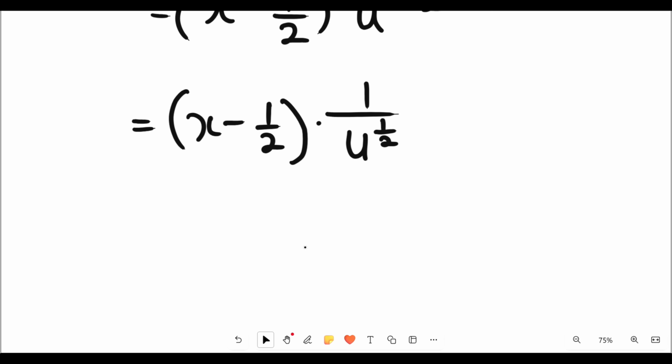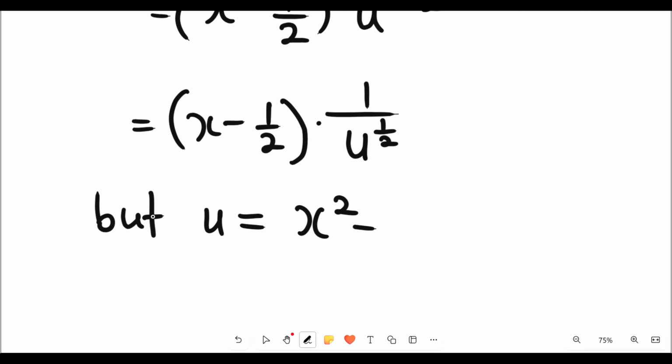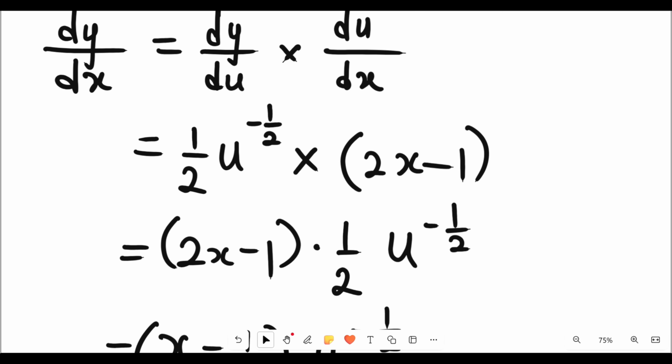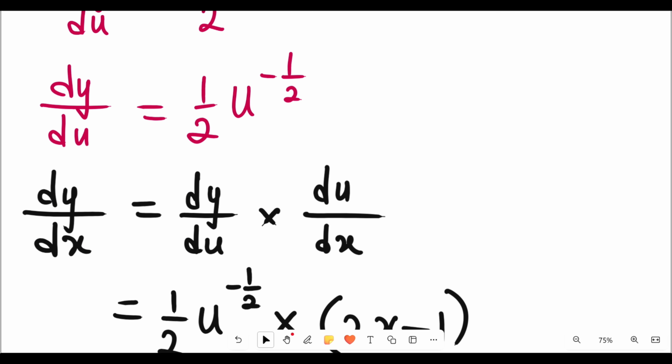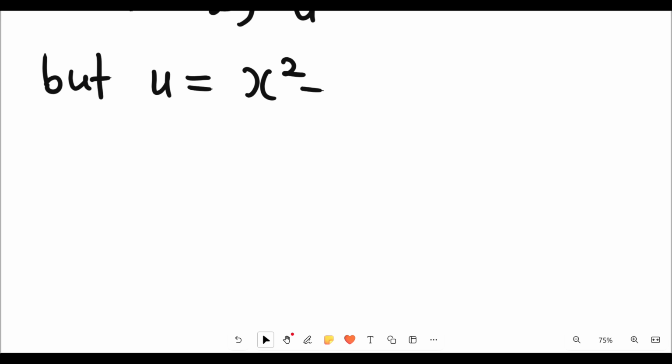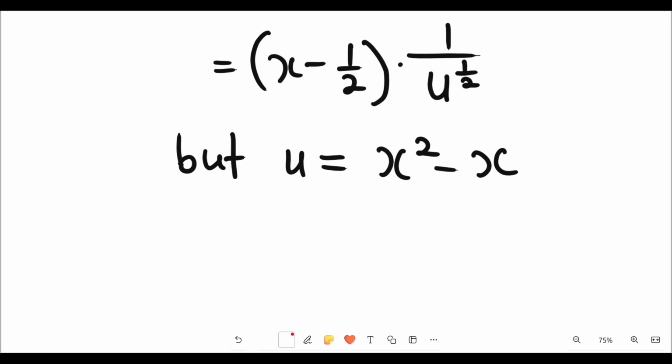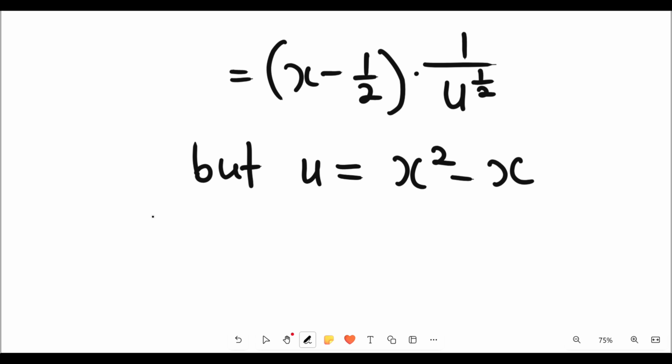But we know the value of u is equal to x squared minus x. So we are to bring back the value of u, which is x squared minus x. Whenever you see u in the new expression, you plug in x squared minus x over there.